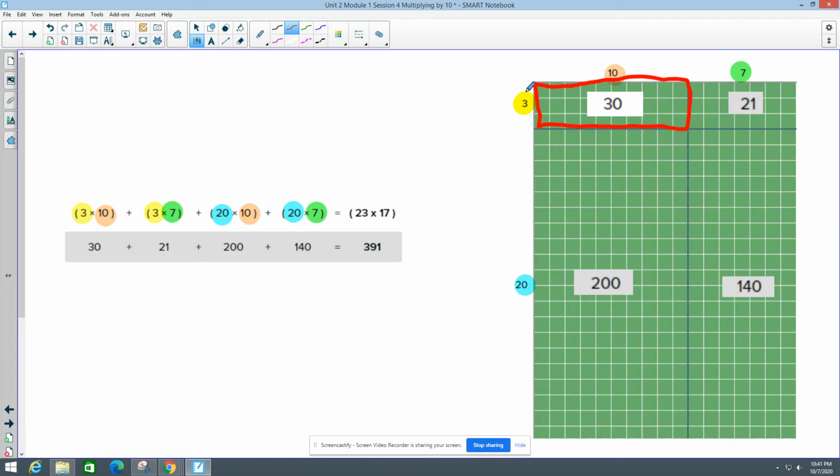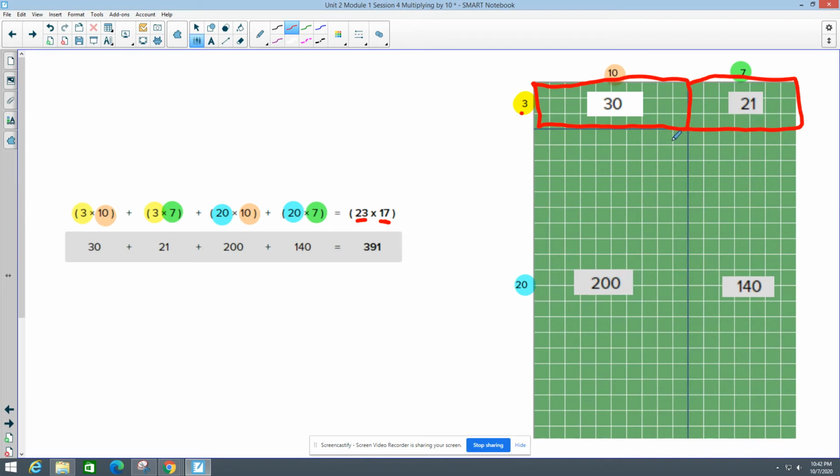This is your 23. Remember, we had 23 rows of 17, but we just broke them up into 20 plus 3 and 10 plus 7. And then we did the multiplication. Then we did 3 times 10, 30. 3 times 7, 3 rows of 7.